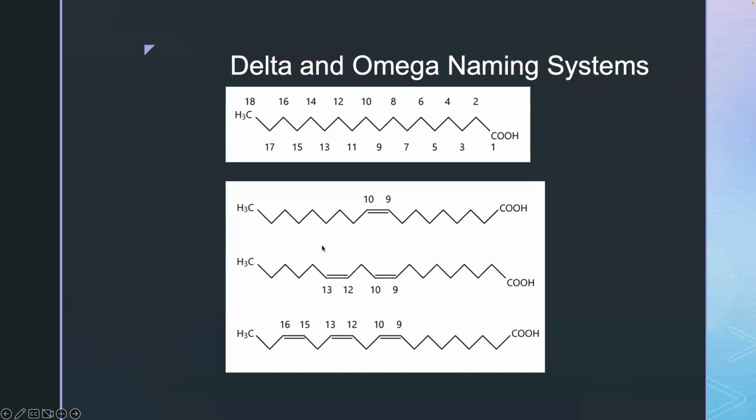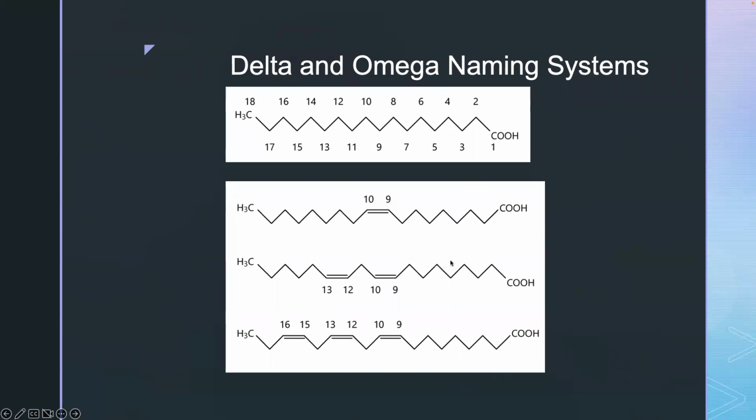You have 2 double bonds, so it'll be 18 colon 2 superscript delta 9, comma 12. That's showing that you have 2 double bonds starting at carbon 9 and at carbon 12. I do want to point out that the double bonds are always going to be 3 carbons apart, always. That's just something to keep in mind.